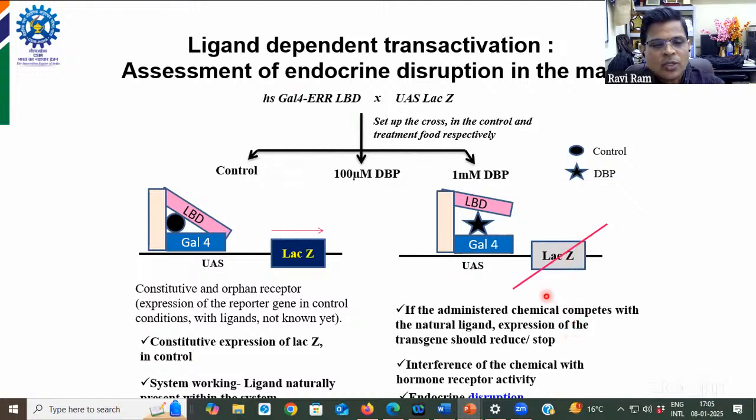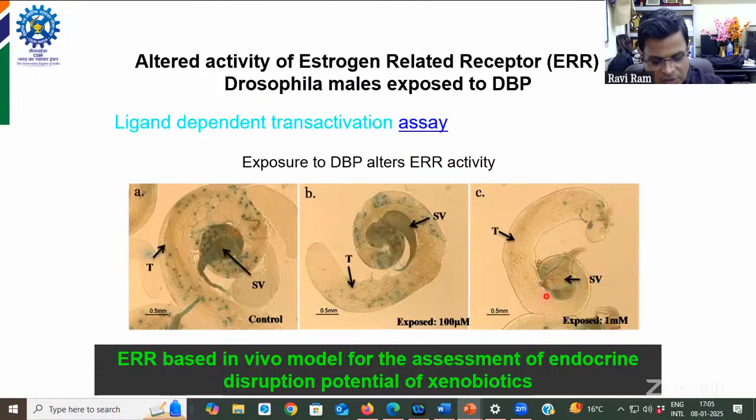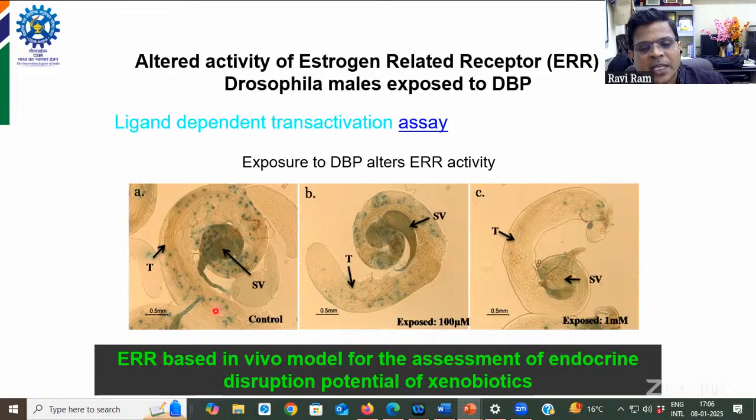So when you go to that picture, can you see these blue spots here? Yes, sir. When you stain the tissue with X-gal, wherever the ERR activity is there, you will see these kinds of blue spots. In the control, you will see many blue spots like this, which means in the testis there is a lot of expression and activity of ERR.